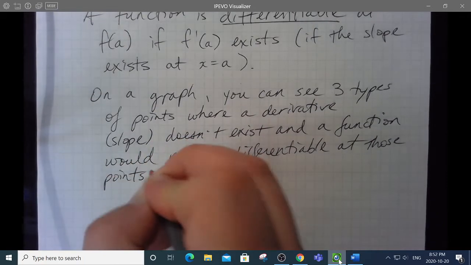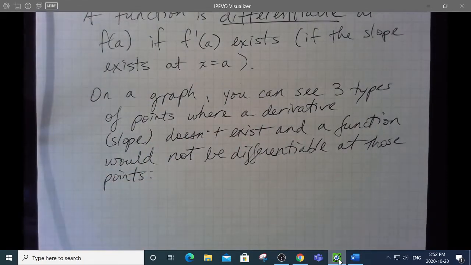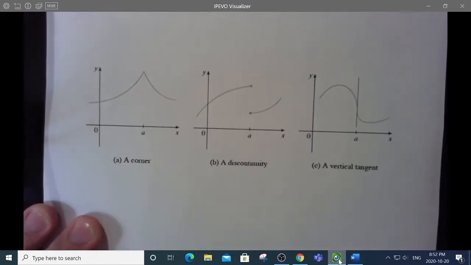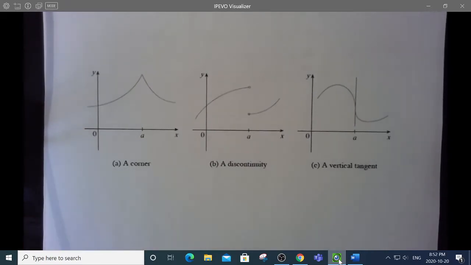And here's the three. I'll show you a nice picture of them before I try drawing my own sketch. They look like this.